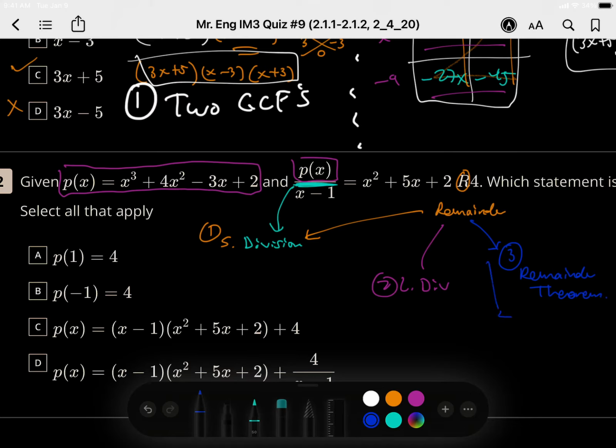And I think this one is the easiest for this problem. Basically what you're doing is you're taking the factor and setting it equal to 0. And if you solve here, you have x equals 1.